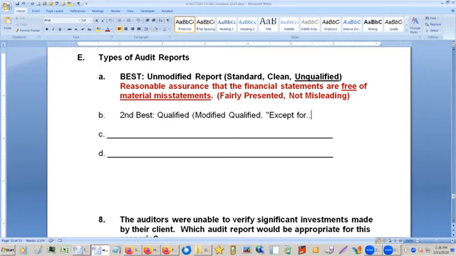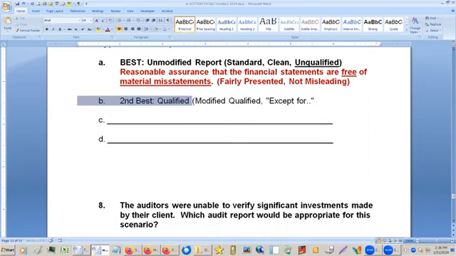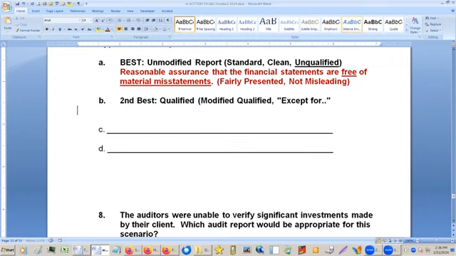So I'll talk about that in a second. Qualified report. Qualified report means that a material misstatement exists.